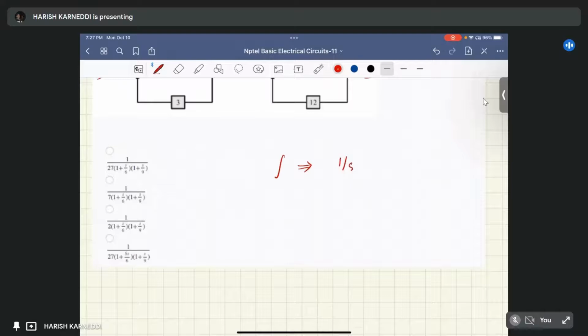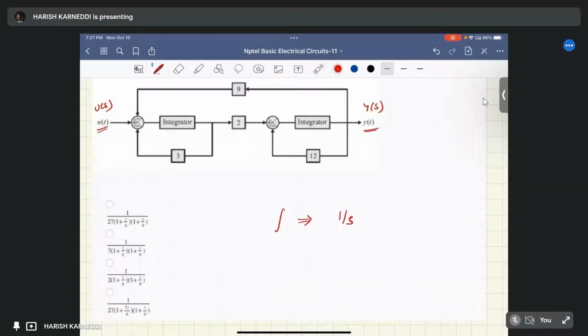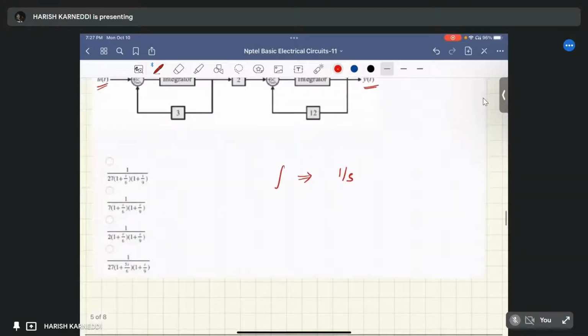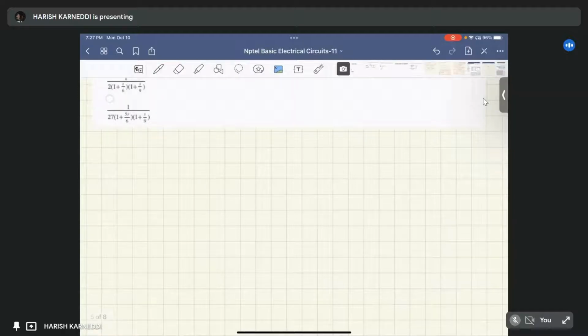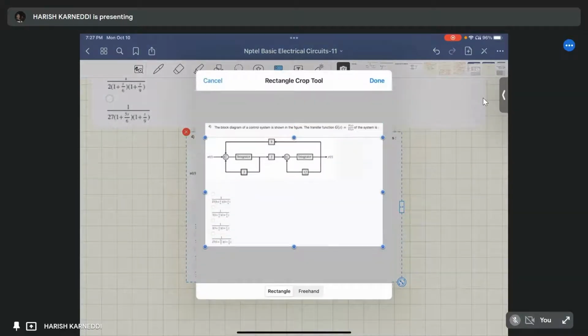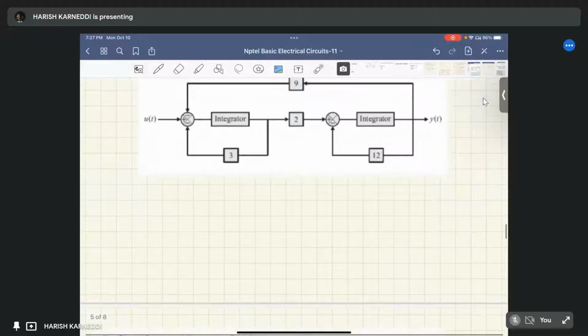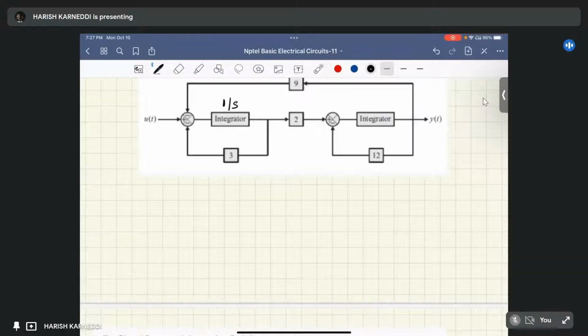Simply it is 1 by S. We can write the integrator terms as 1 by S. Now all the integrator terms are 1 by S, 1 by S. Here it is U of s, here it is Y of s.